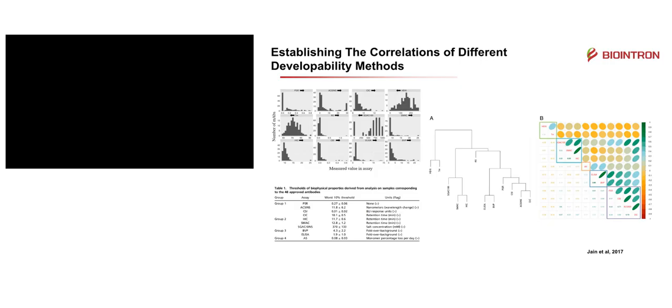They also did a study to build a correlation of different developability assessments, because they have a lot of different methods. But as I said, we don't have a lecture to run all of them, but we can do some of them.